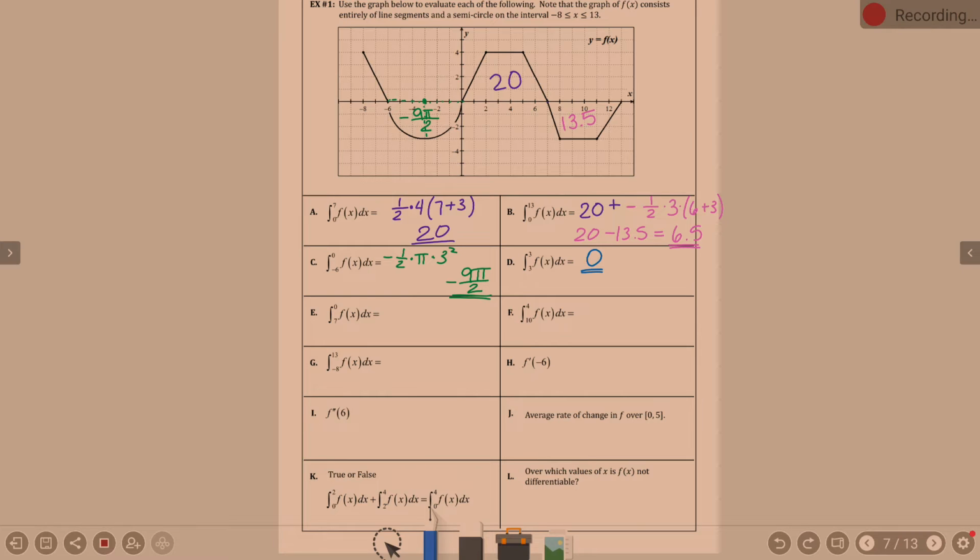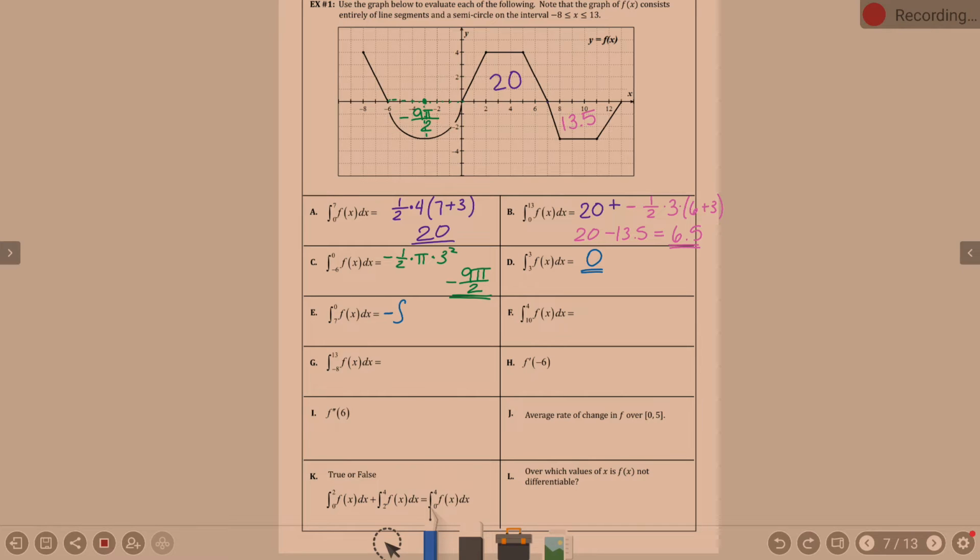What about 7 to 0? Have we talked about this yet? I'm trying to remember. Is this when you flip or make it negative? Yeah. So we want our bounds to go from smaller number to larger number. If for whatever reason they give you something that doesn't, we are going to flip it. And when we flip it, it is multiplied by a negative.